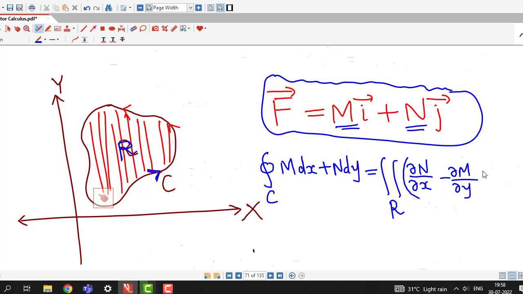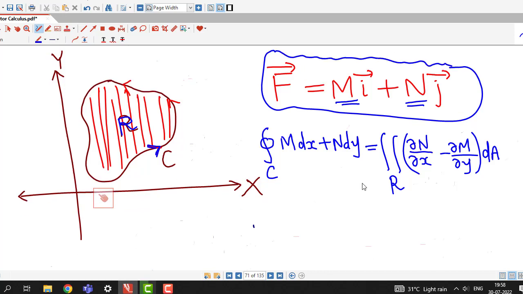This double integral is evaluated over the region R which is enclosed by the given closed curve C. This is the tangential form of Green's theorem, and now we are going to discuss the normal form of Green's theorem.